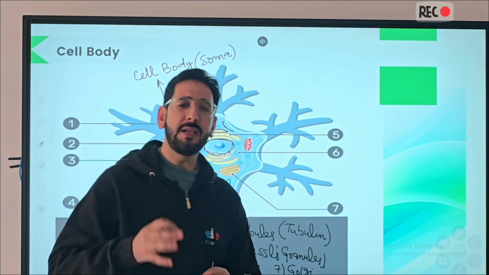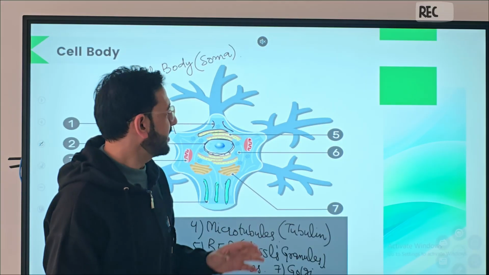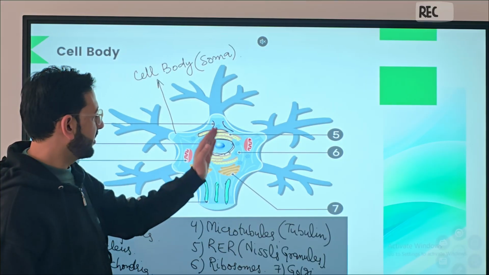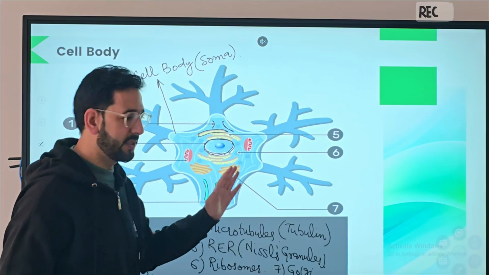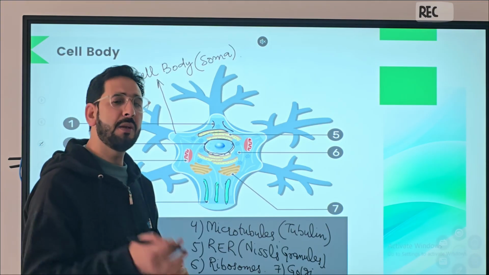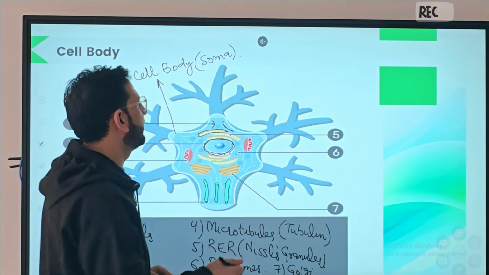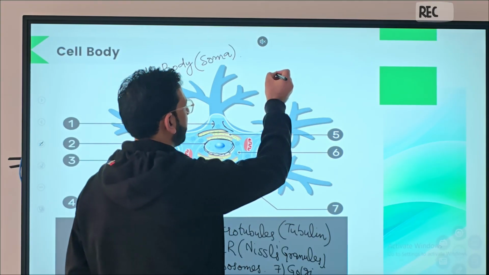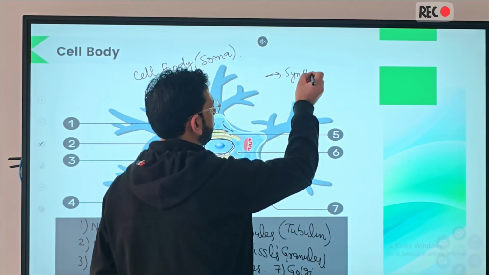Now, what exactly is an important function of the neuron cell body? Because it has all these structures. It has the nucleus, it has the rough endoplasmic reticulum or the Nissl's granules, it has the Golgi apparatus. Definitely the very important function of the neuron cell body is the synthesis of proteins.